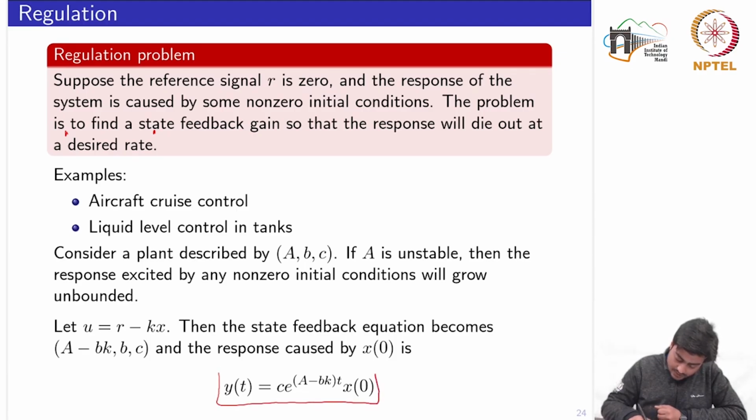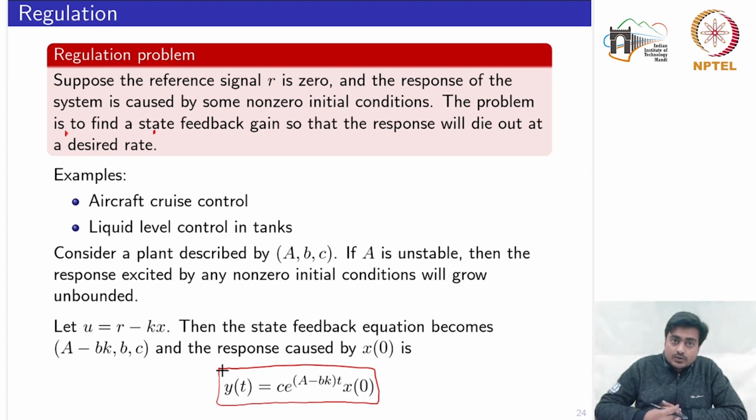We have seen this equation a number of times. This is only the response due to the initial conditions, while the response due to the external reference signal R would be 0 because the reference signal is 0. So this problem can be dealt with in a similar way to what we have done so far for designing the state feedback controller.